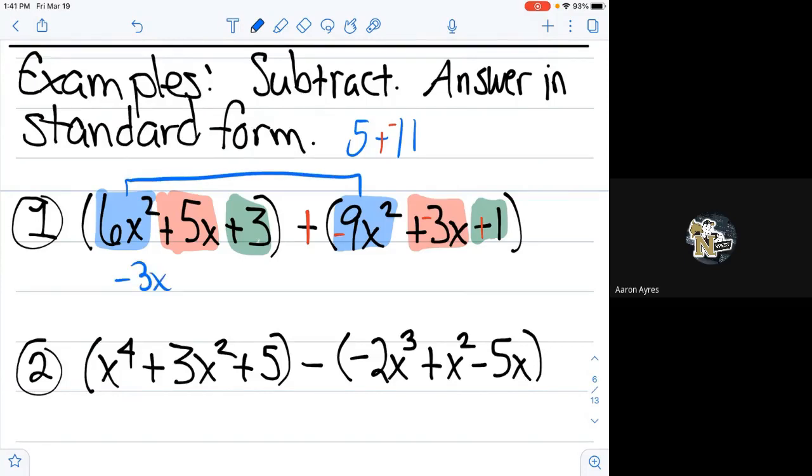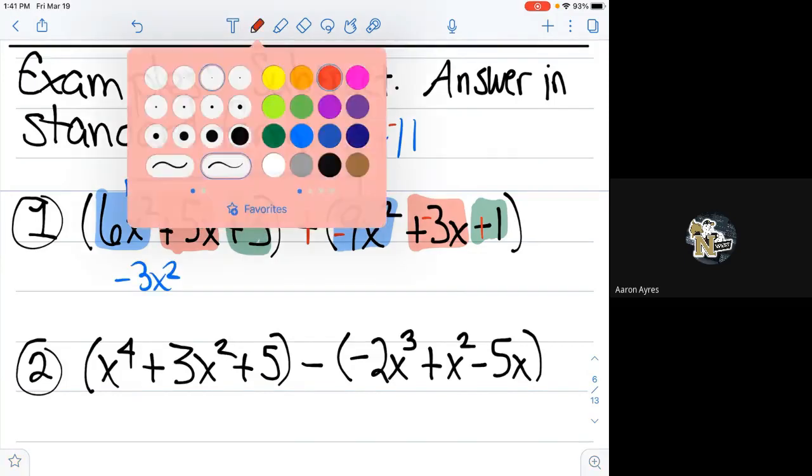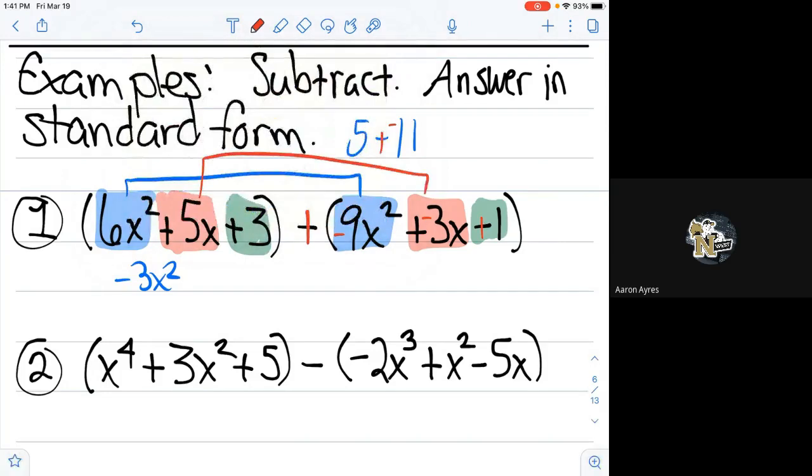Negative 3x squared. 5x plus negative 3x, positive 2x. 3 plus 1, 4. That's your difference: negative 3x squared plus 2x plus 4. You're done. Everybody see the game for Monday's assignment? That's all it is.